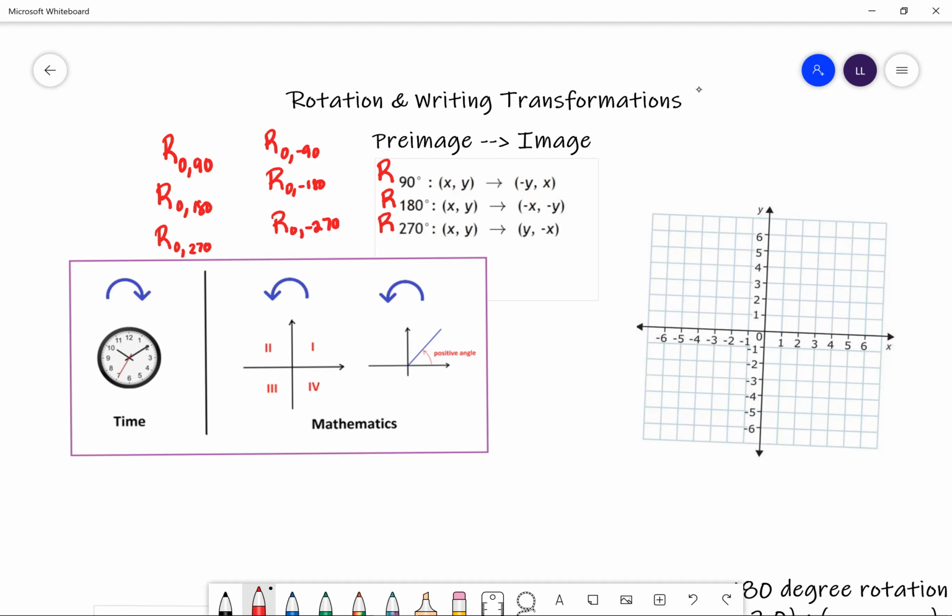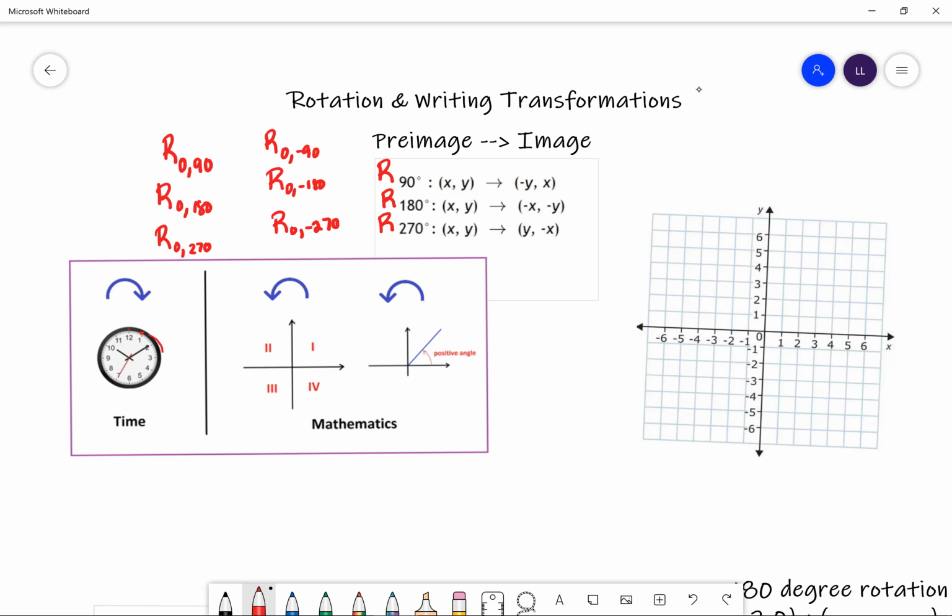So the reason why the numbers are negative is because think of a clock, right? The way we read a clock is to the right. So the big hand starts at the one, and then it goes on down.